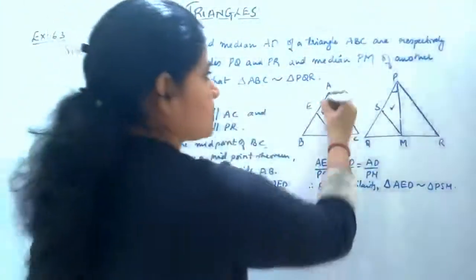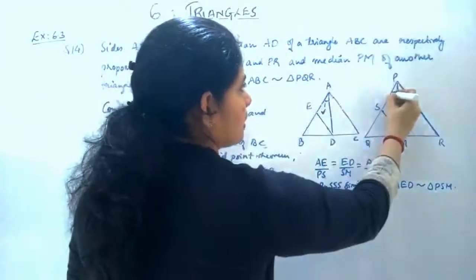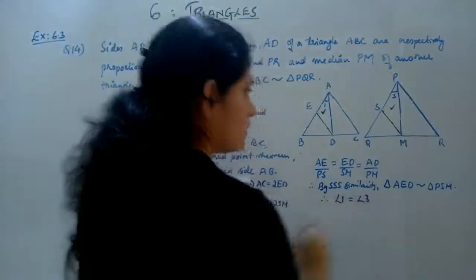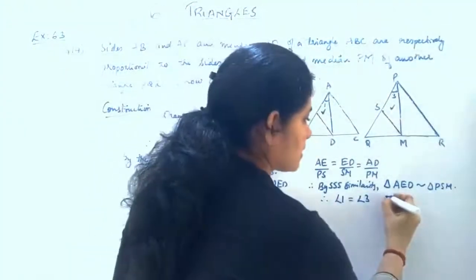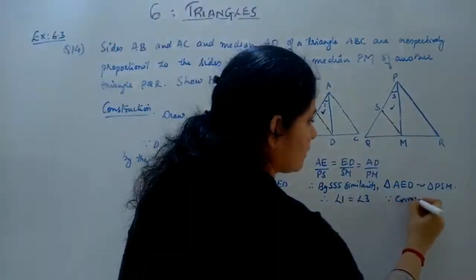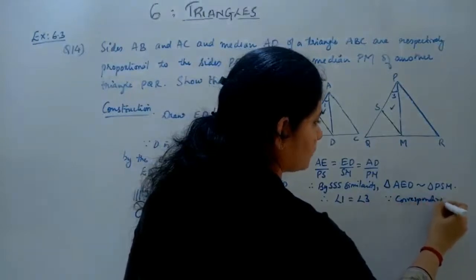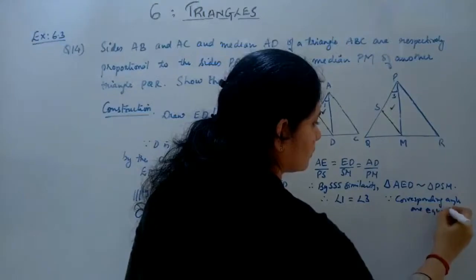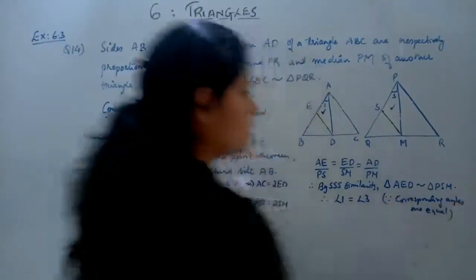Suppose this is 1 and this is 3. I can say that angle 1 is equal to angle 3, since corresponding angles are equal. That is the reason behind it.